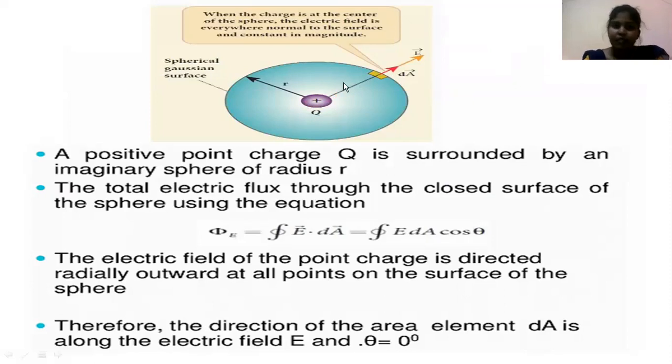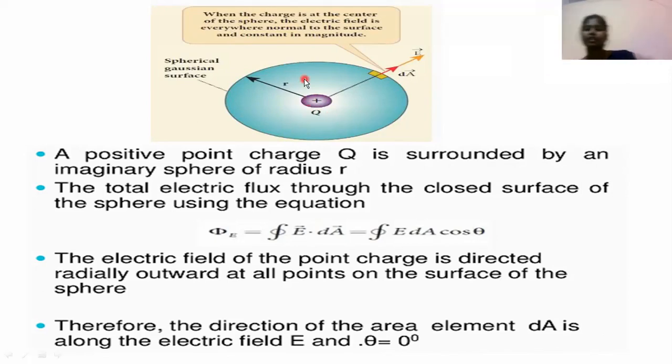This electric field is everywhere normal to the surface and constant in magnitude. So to apply Gauss law, we need to assume a Gaussian surface around this charge.